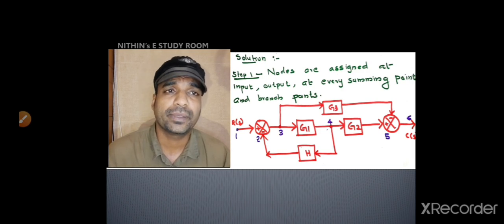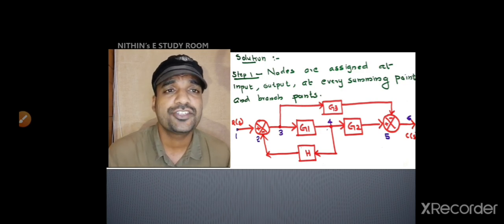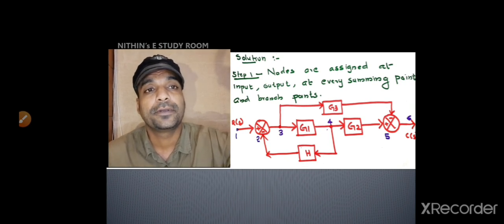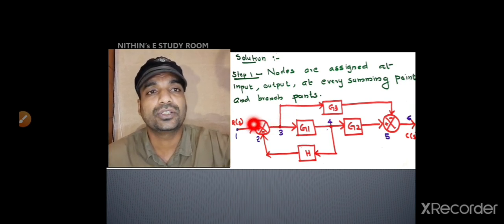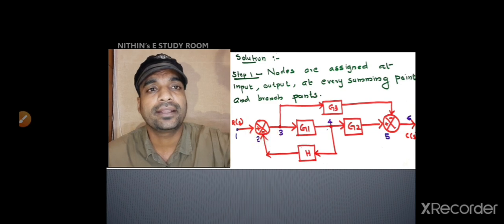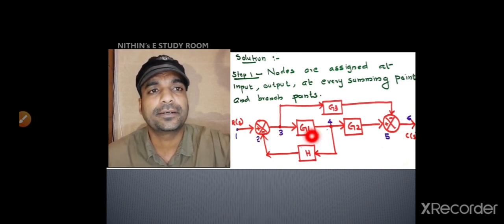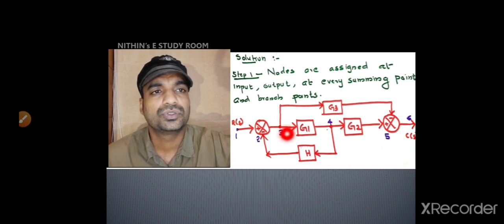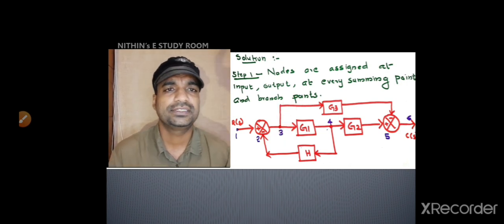Okay, so the summing point will be a node, and each branch, because in between this summing point and this block, there is a branch. And that is going to another block through another path. So which is a branch.